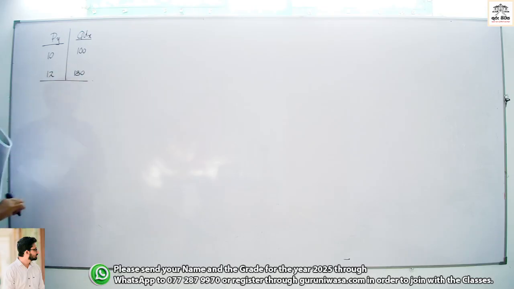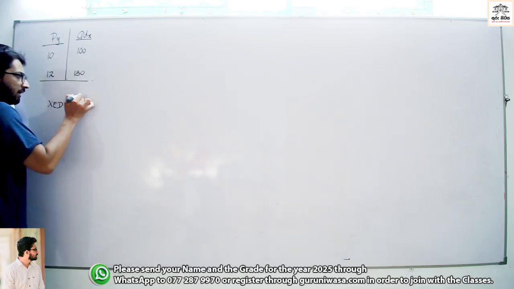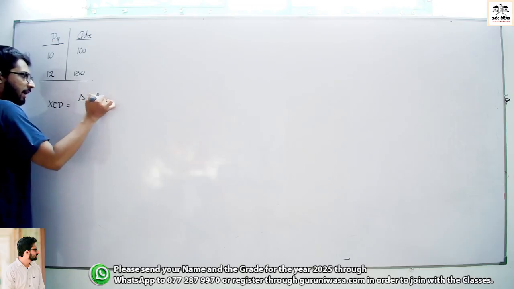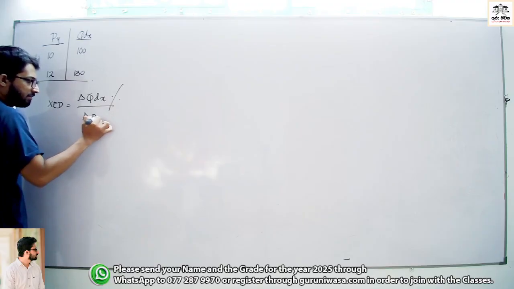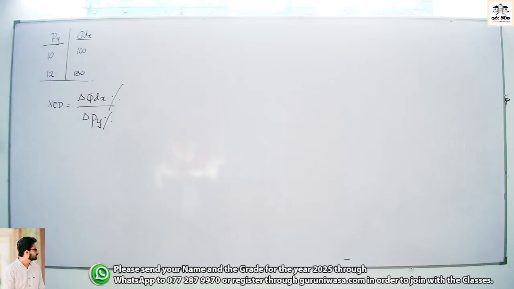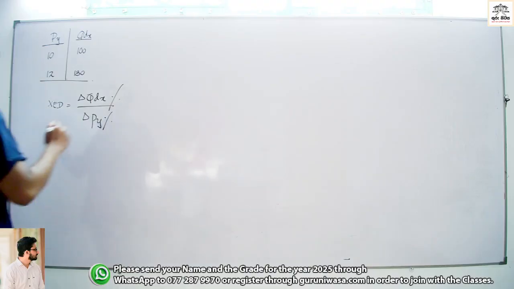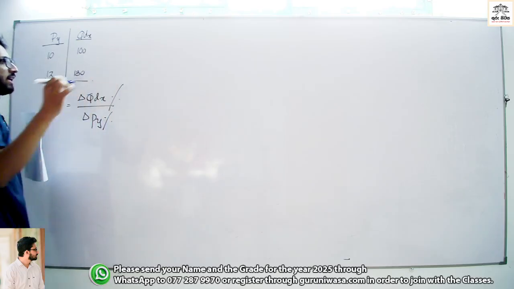Okay, how to use the percentage change equation? XCD equals percentage change in QDX divided by percentage change in PY. How to calculate percentage change, Kalana? The change divided by original, into 100.